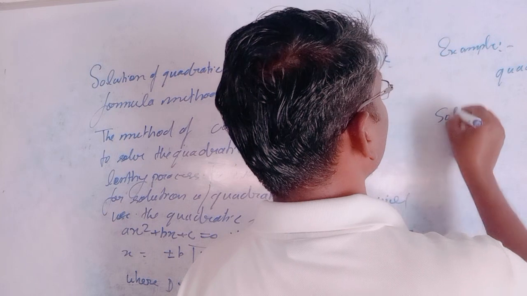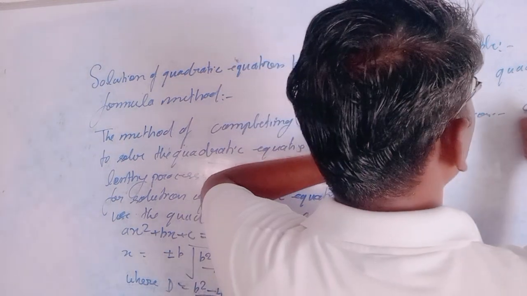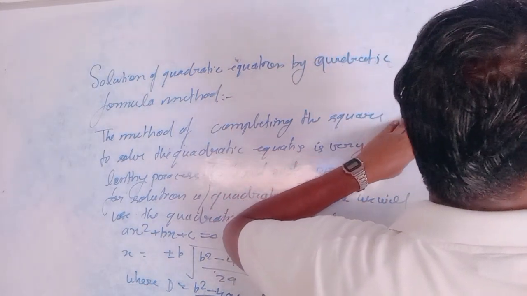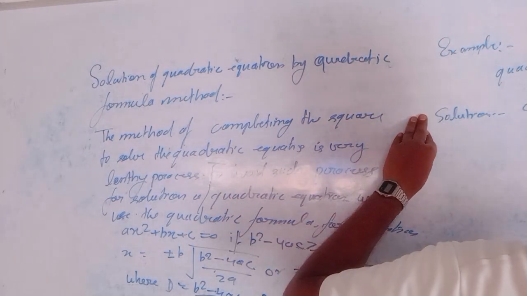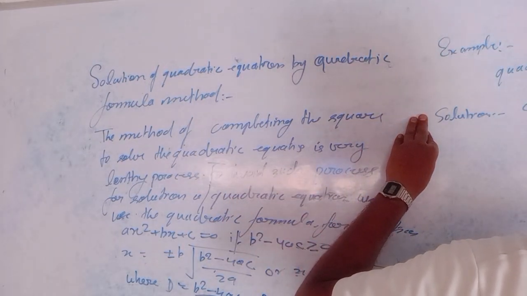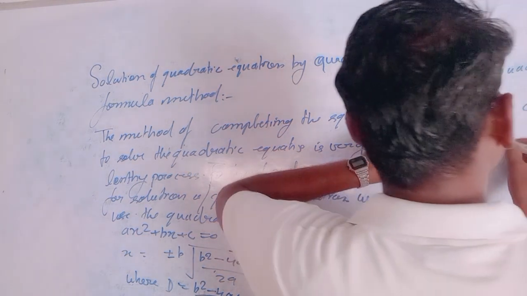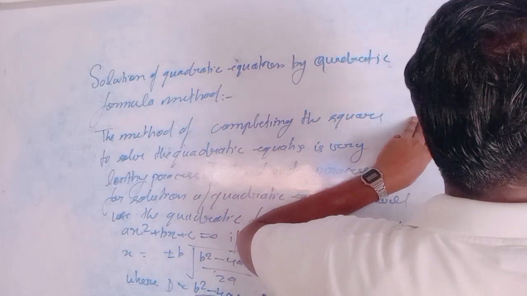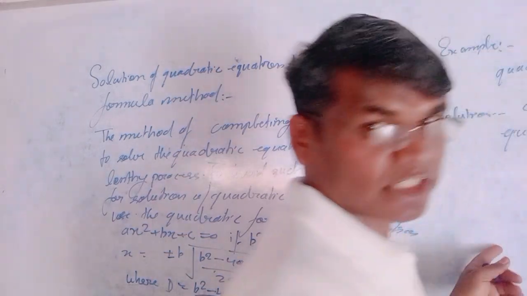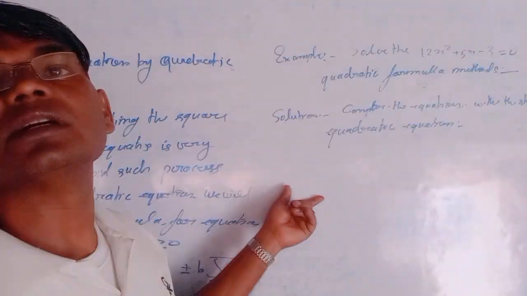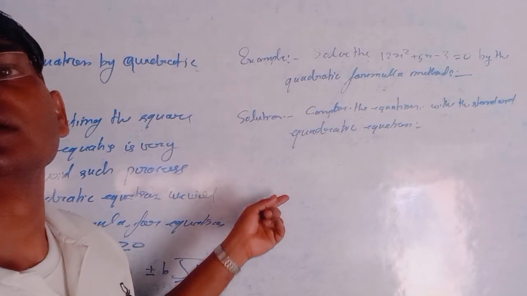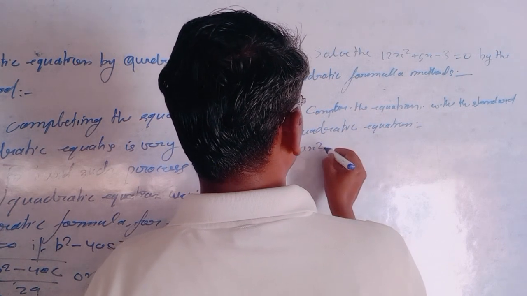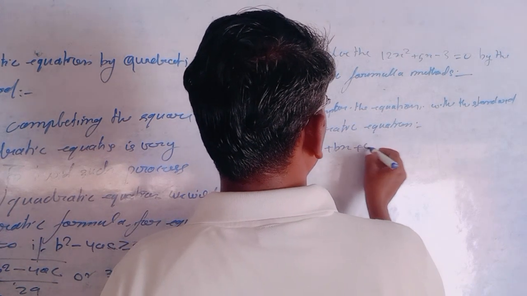Okay, so let's start here. Solution: first compare the given equation with the standard quadratic equation. The standard quadratic equation is ax square plus bx plus c is equal to 0.